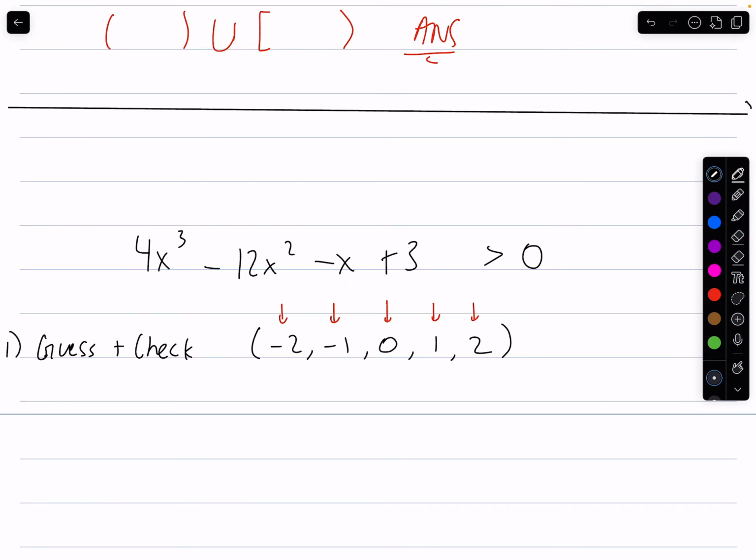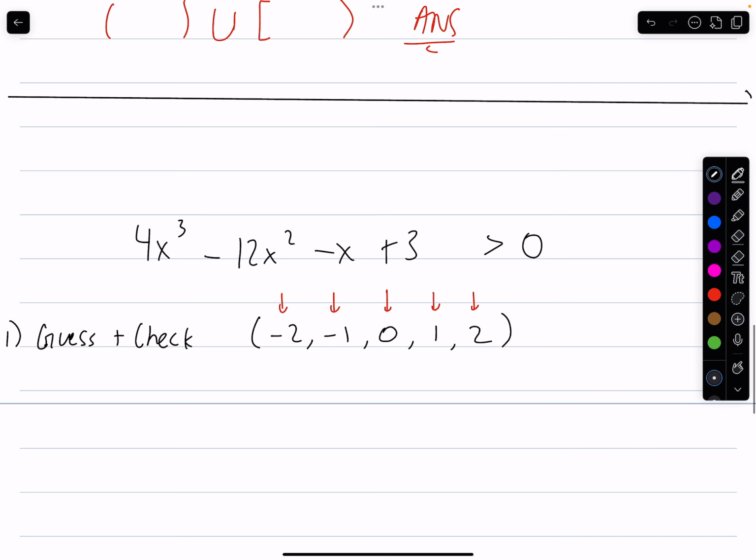So let's say I plug in 1 into this equation. Let's say P at 1 is equal to 4 times 1 cubed minus 12 times negative 1 squared, minus negative 1, plus 3.